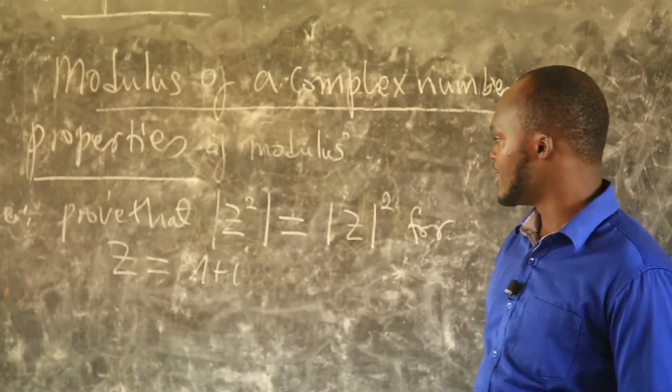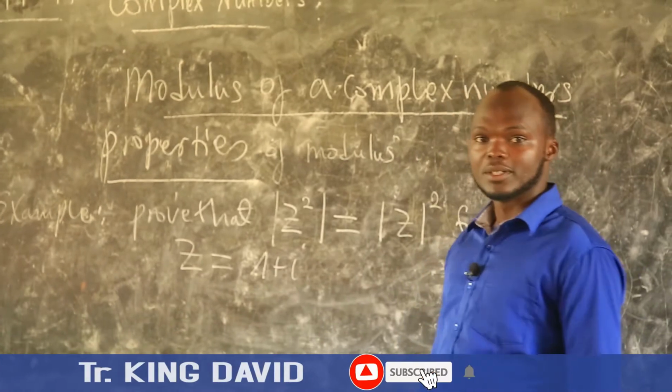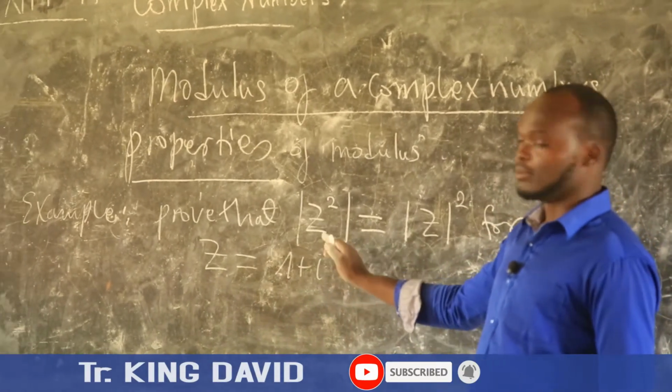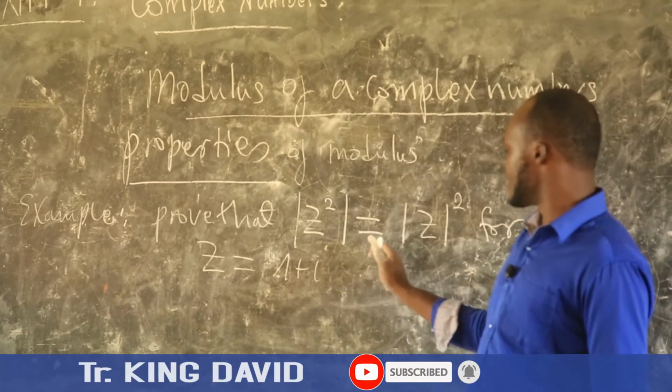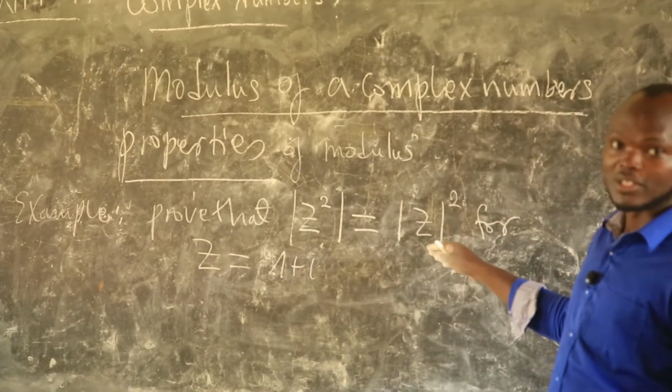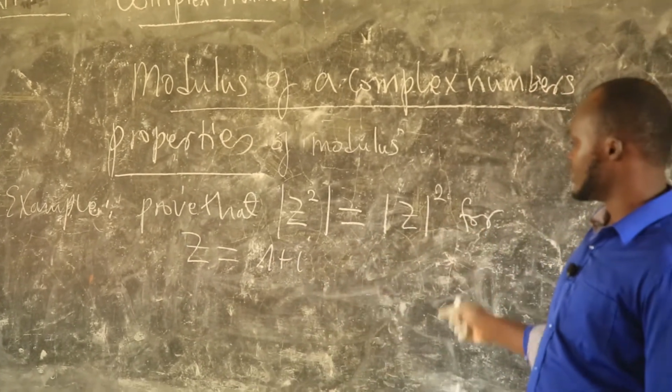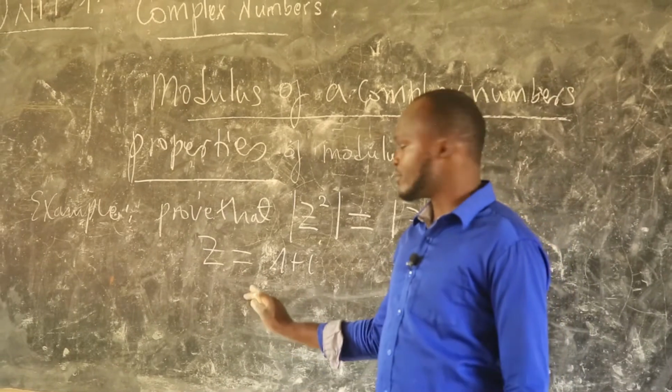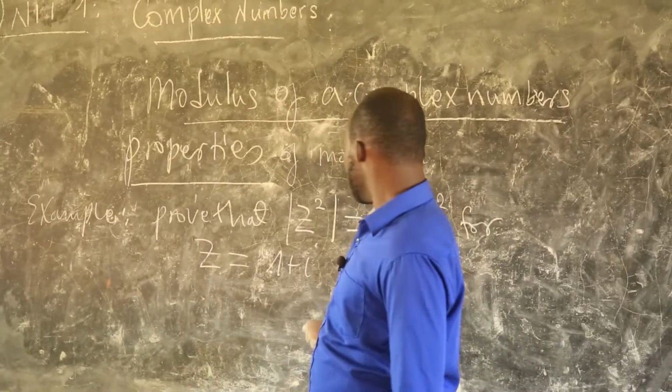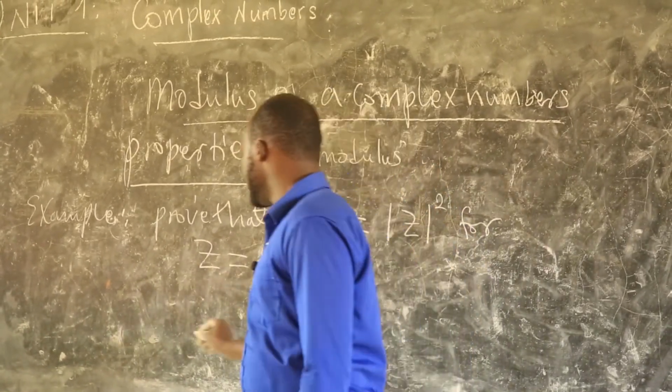So now, let us do this example to prove that the modulus of Z squared is equal to the modulus of Z, then squared. So we have the example here as Z equal to 1 plus i. Let us use the left-hand side.